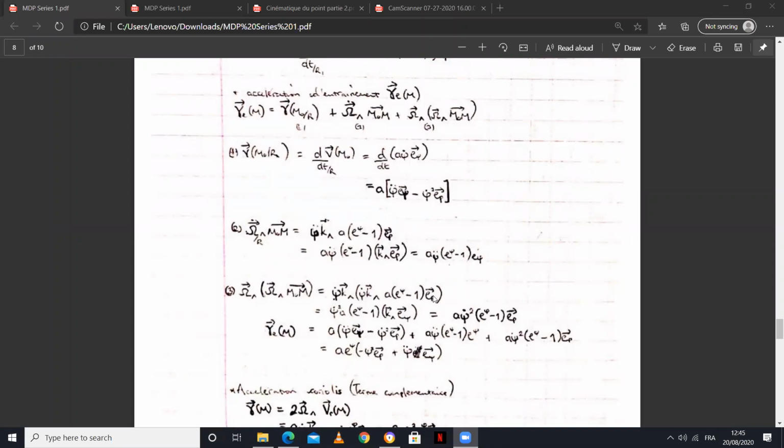So now that we have E phi here, we are going to calculate K vectorial E phi. K vectorial E phi is supposed to be moins euro. We made a mistake when copying here, but this is supposed to be moins, because from K to E phi you're going in the opposite direction.